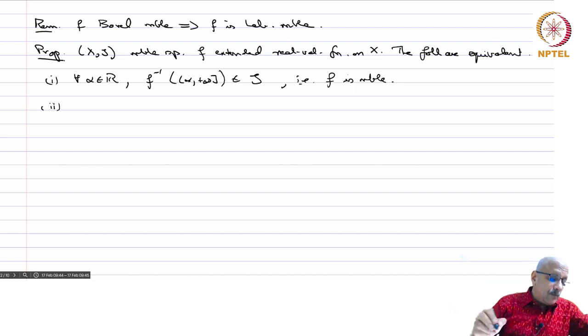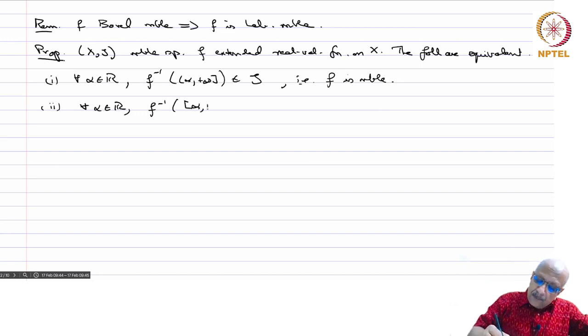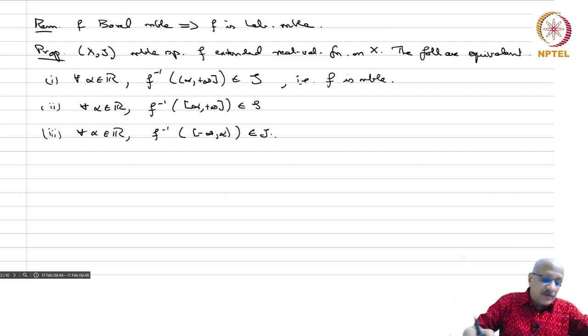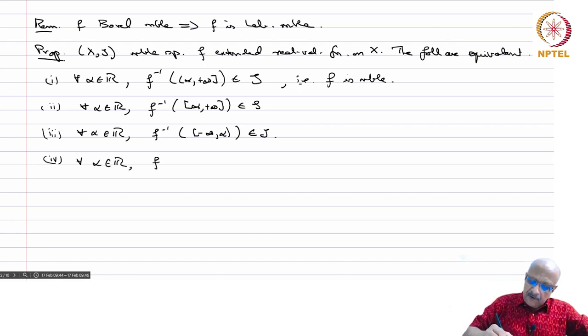Two, for every alpha in R, f inverse of [alpha, plus infinity] is in S. Then three, for every alpha in R, f inverse of [minus infinity, alpha) belongs to S, and four, for every alpha in R, f inverse of [minus infinity, alpha] belongs to S.